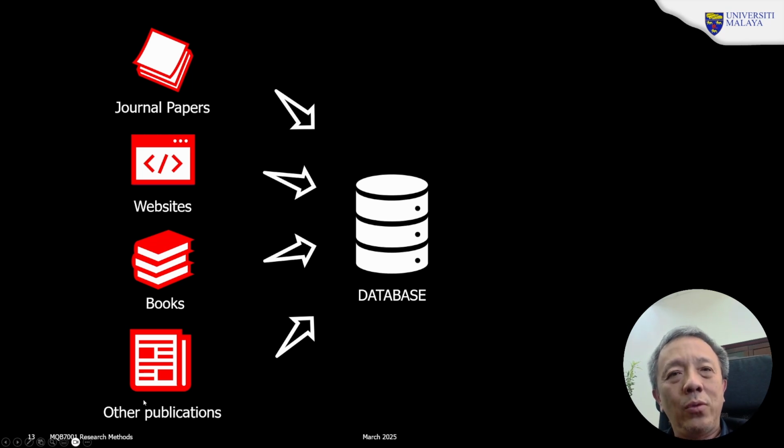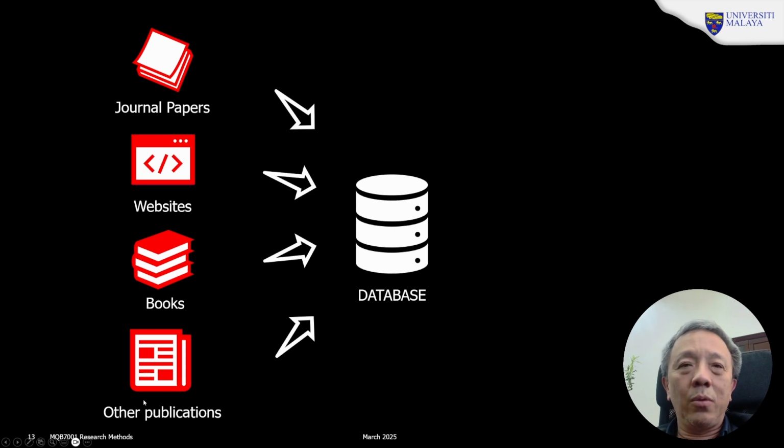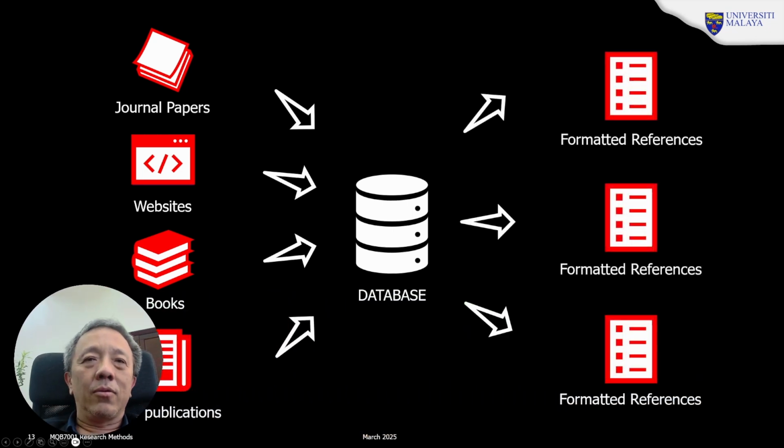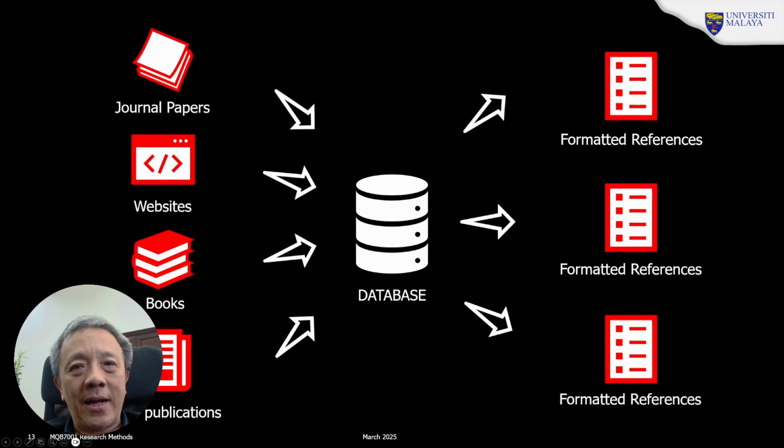After that, when you need it, you can transform it into formatted references as you see fit, depending on which journal, thesis, or university project you are working on. So you can change the formatting style. The main thing is that the data are stored in a database, which means it can be retrieved and reformatted, and it can come in many forms depending on what is needed.